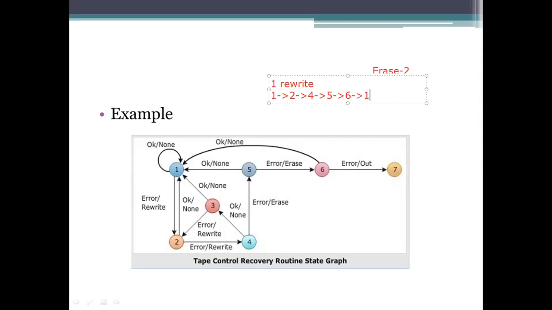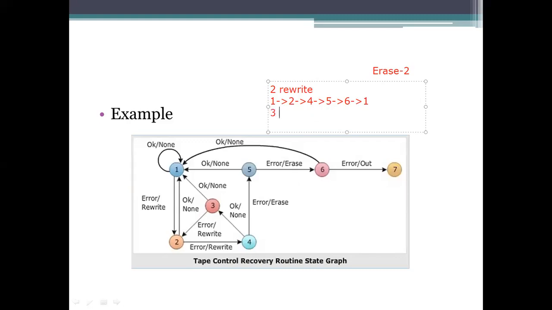After that from 6 we need to reach 1. Then next, so it is 2 rewrites now, no. For one rewrite, we will reach the 4 only.